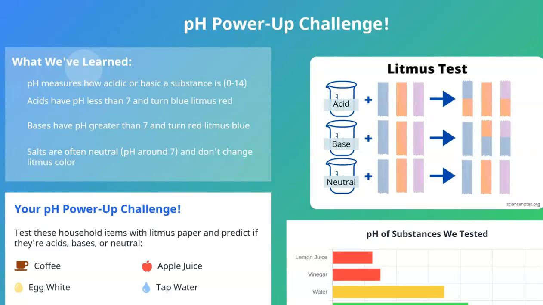For a basic solution, the red litmus paper will turn blue when it touches it, and the blue litmus paper will stay blue. Very easy to understand.